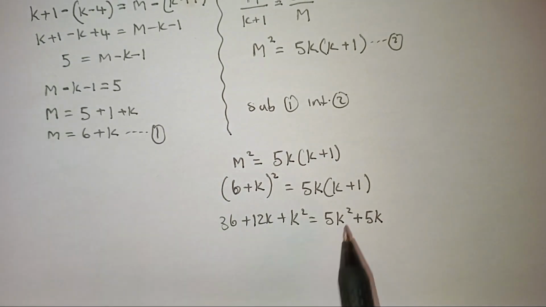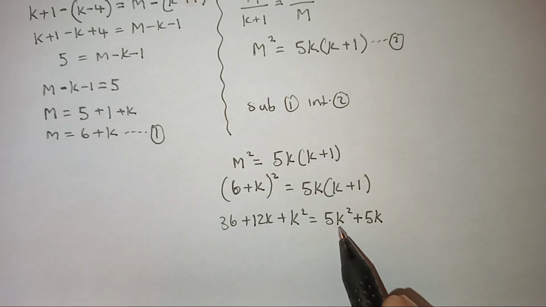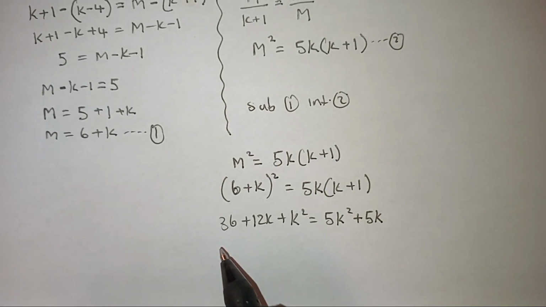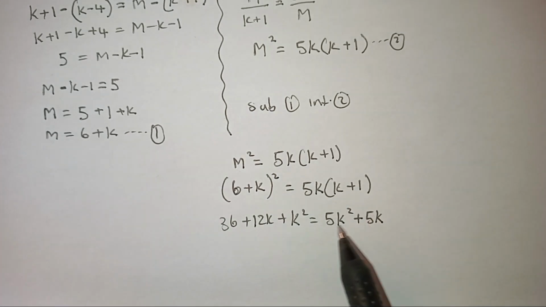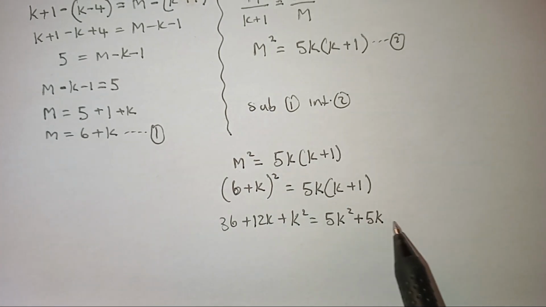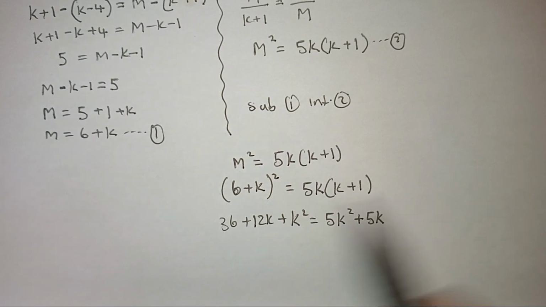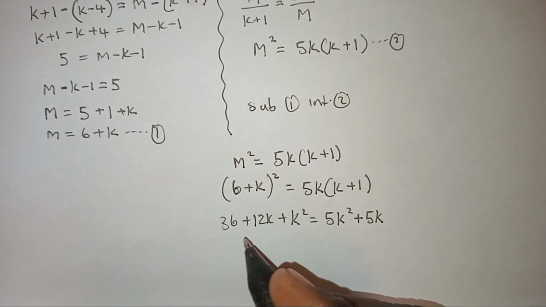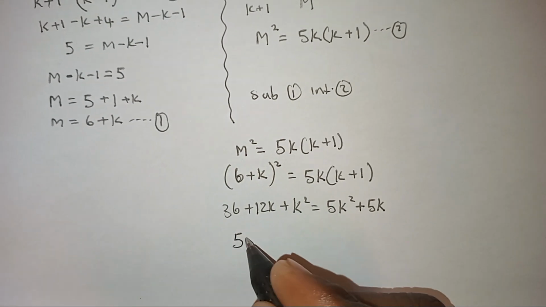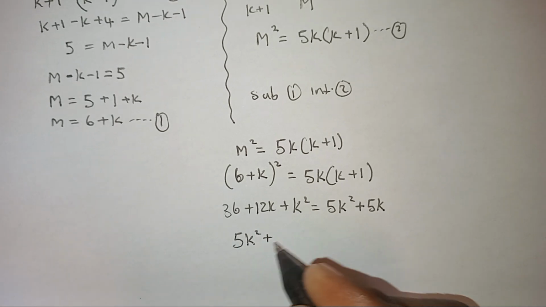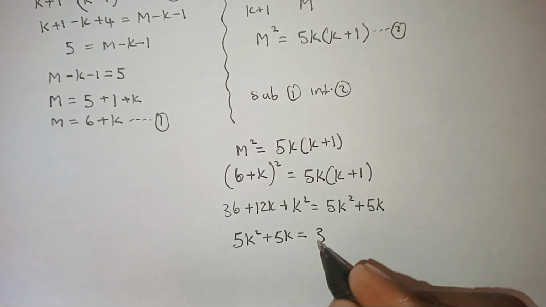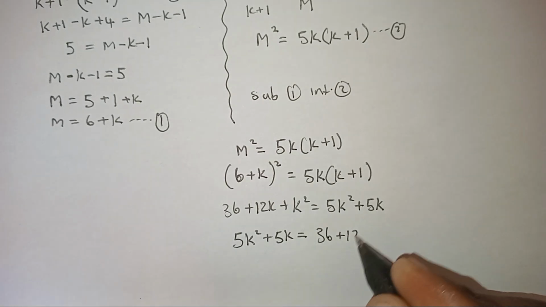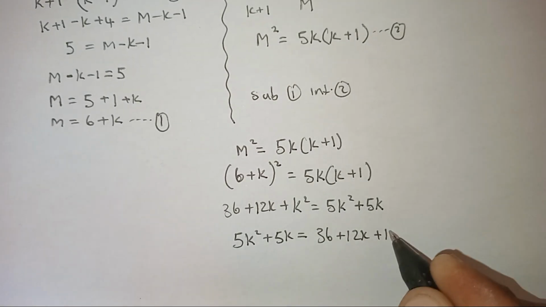Now let's put our right hand side on our left, and our left on our right. Okay, to simplify the problem, let's have 5k squared plus 5k is equal to 36 plus 12k plus k squared.